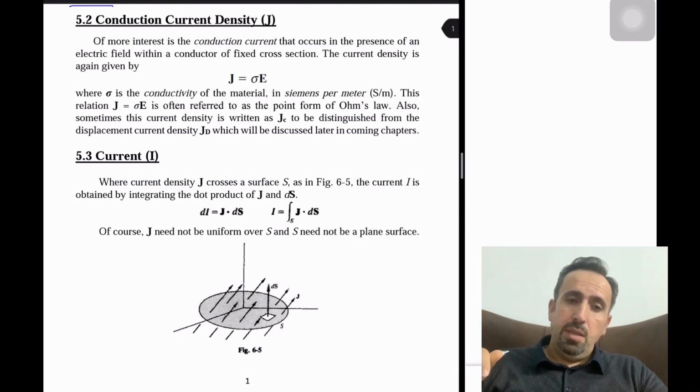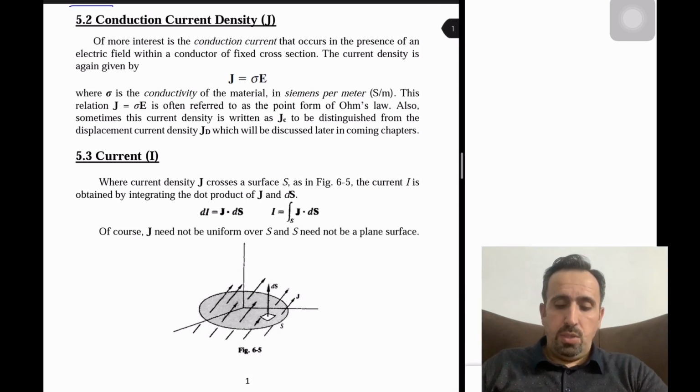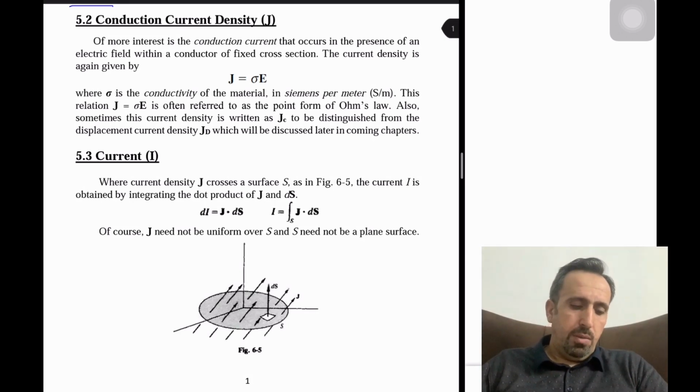So the interpretation for this case is more suitable if you think about the other type of current, called displacement current density, JD, which totally depends on the oscillation of the fields, and whether the electric field exists somewhere and is time varying, or the electric flux density. This will be talked about more in chapter 13.